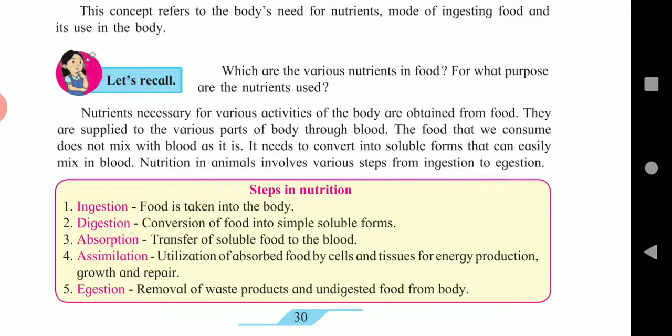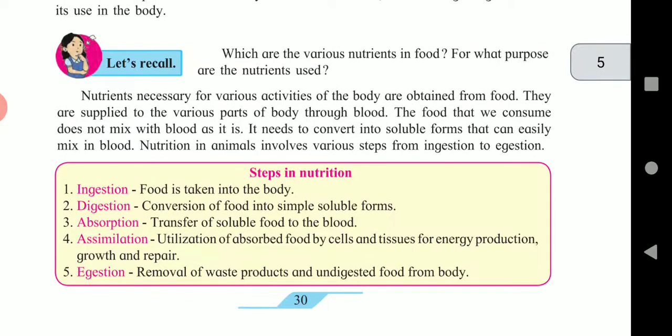Ingestion means what? Intake of food into the body and its use in the body. Nutrients necessary for various activities of the body are obtained from food. They are supplied to the various parts of the body through blood.